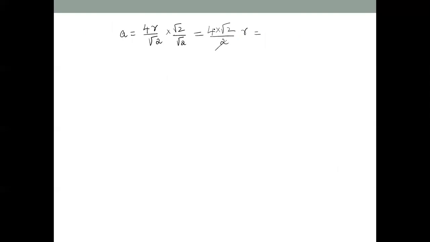So which is nothing but 2 root 2 R. A is equal to 2 root 2 R. And also I can write it as R is equal to A by 2 root 2.